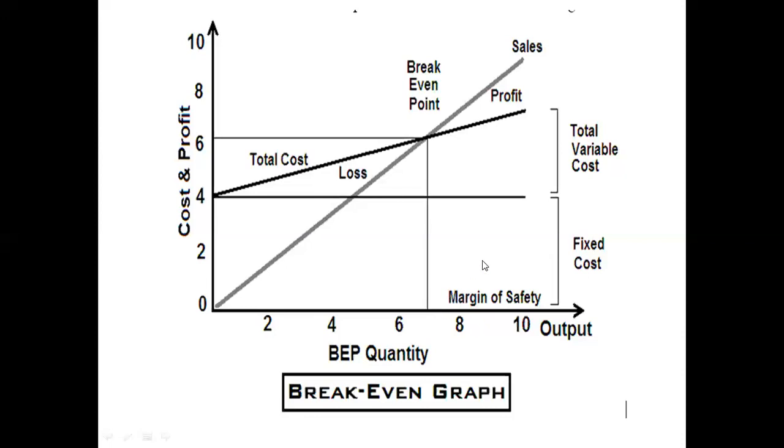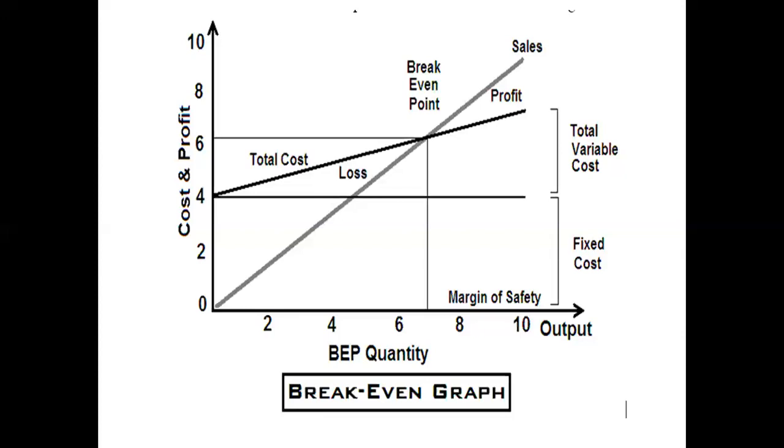I will tell first the terminology regarding this chart. So fixed cost is nothing but these costs are fixed and do not change either with the production or with the sales. Even though you increase or decrease the production, or increase or decrease the sales, it doesn't affect.